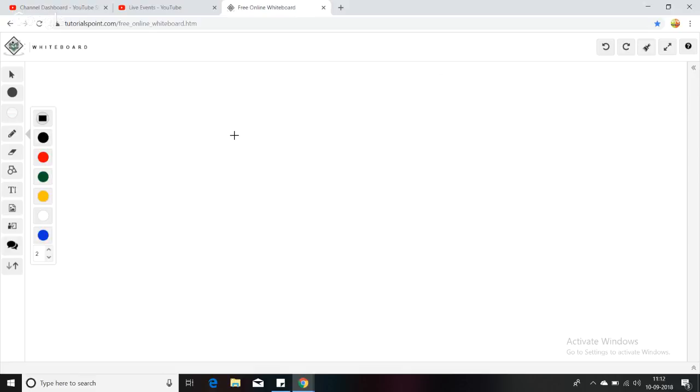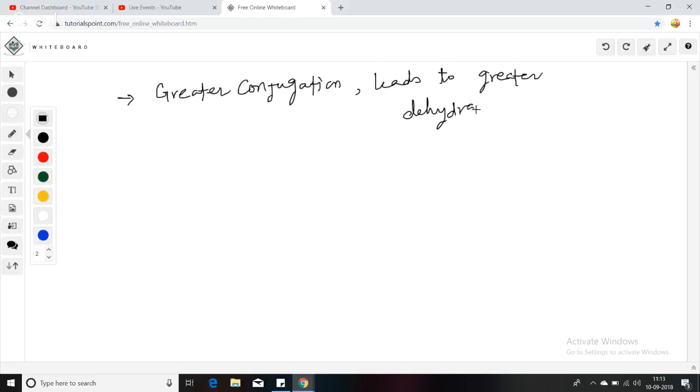So one fact you have to keep in mind, write on this note: greater conjugation leads to greater dehydration. Now on this, if I give you one or two examples, suppose two molecules I'm giving you, and you have to find out in which the dehydration will be easier comparatively.